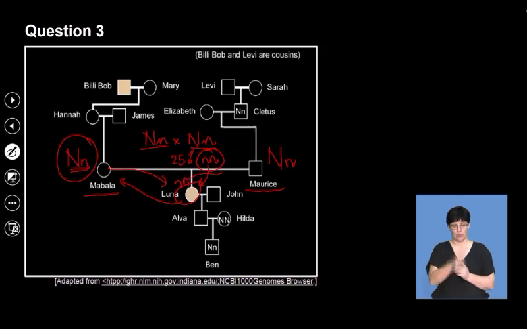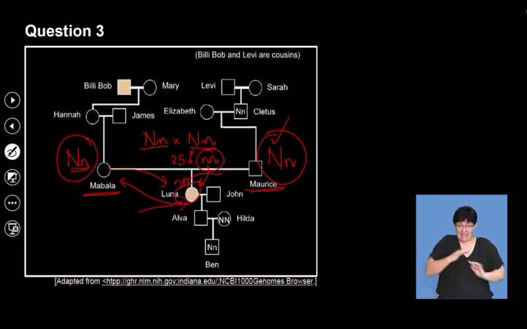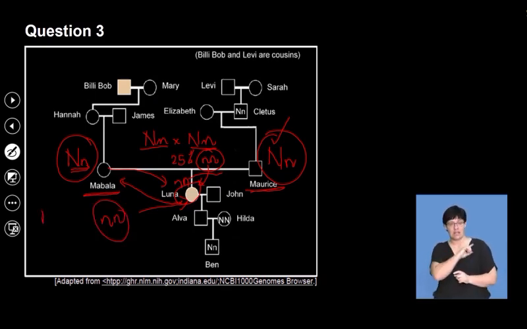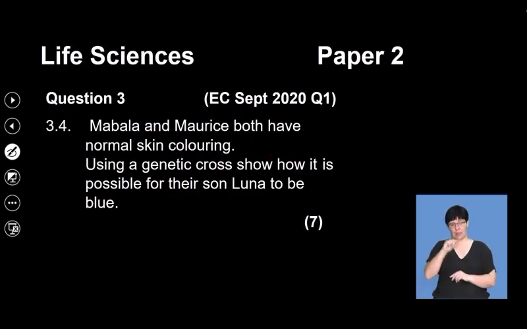So from this diagram, you can see that Mabala and Maurice are heterozygous, meaning that they are dominant for that condition, and the only way that Luna can be affected is if she inherits it in a homozygous recessive combination. Hence we know that this condition is recessive, meaning that it's only expressed when the alleles are in a homozygous recessive combination.